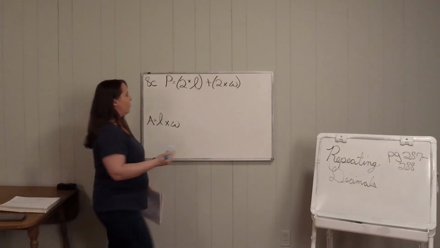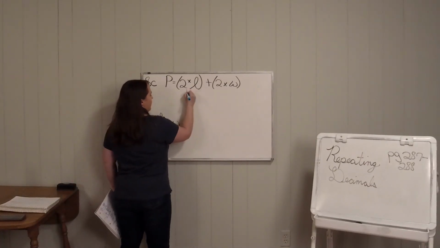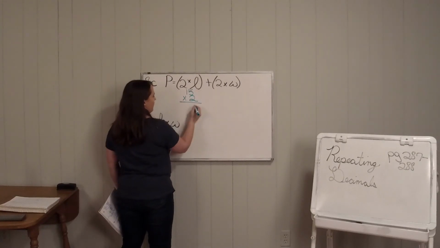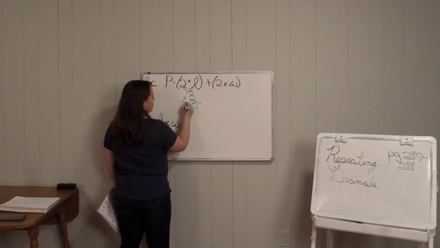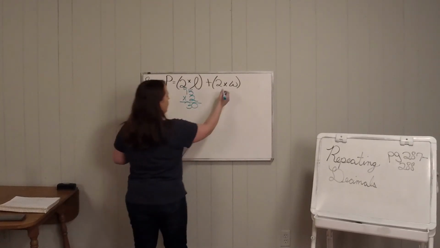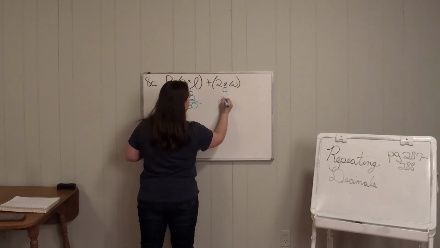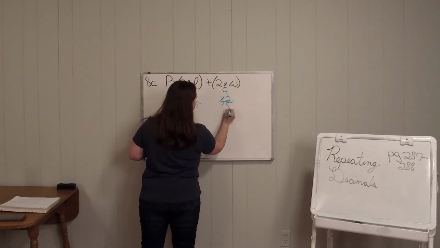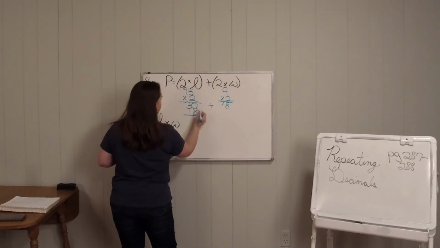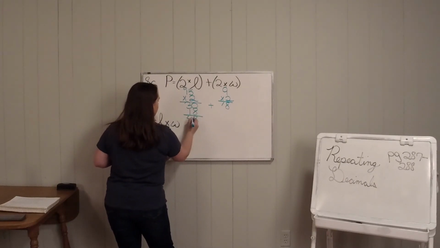Alright, so we're going to say 15 times 2. 5 times 2 is 10. 2 and 1 is 30. And then 9 times 2 is 18. Then you're going to add those together. 8 and 4.